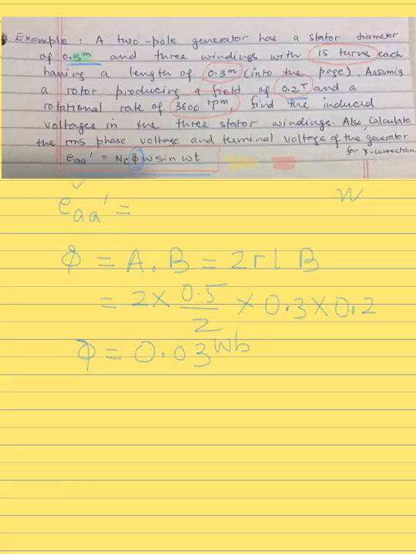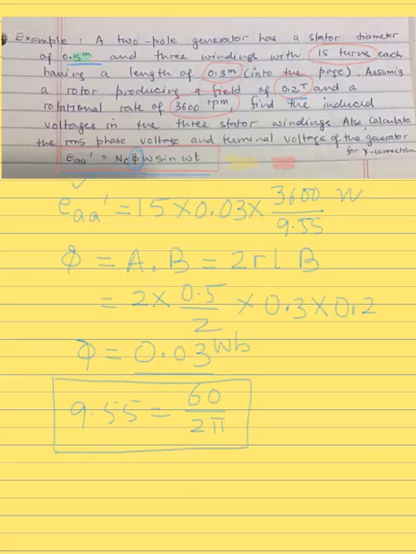So let's see what E_AA' is then. N_C is the number of turns, which is 15. The flux we calculated here is 0.03, and the speed has to be in radians per second. We know the conversion: it's 3600 in RPM divided by 9.55. Now 9.55 is a constant calculated as 60 over 2π because we're converting RPM into radians per second.